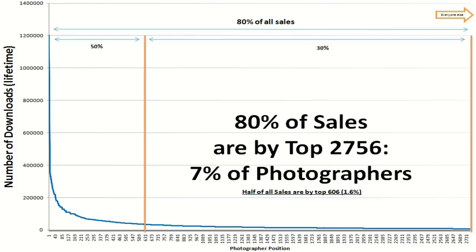That's 7% of iStock's photographers making 80% of their sales. But more than that, half of all sales on iStock are by 1.6% or 600 of their photographers.